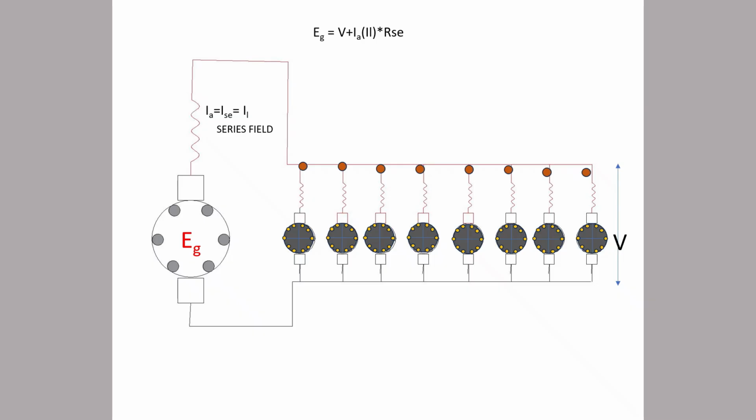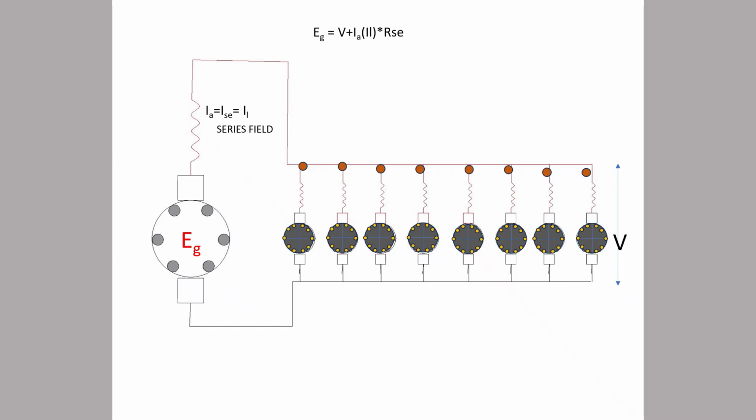Here I have shown a DC generator. Actually we are using AC, then converting into DC, then we use it. But for an example, suppose a DC series generator. Series means magnetic field. Without a magnet, the EMF will not be induced.